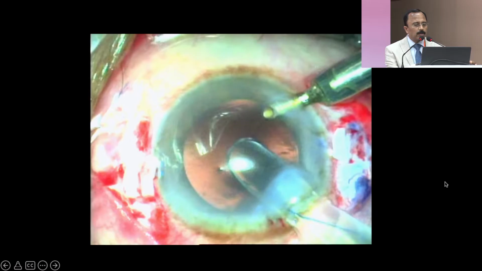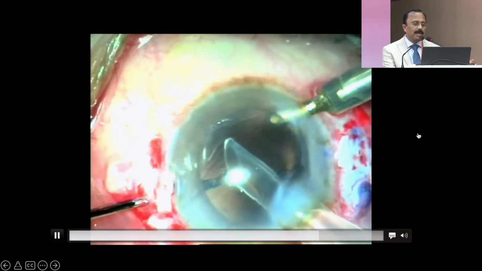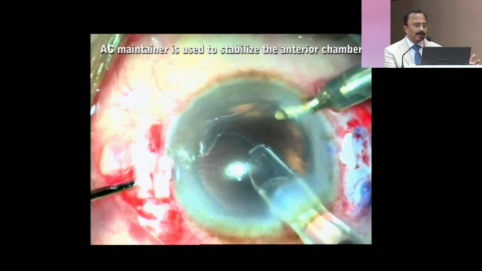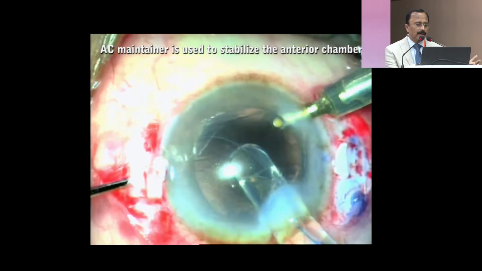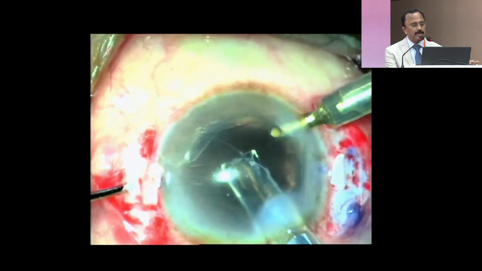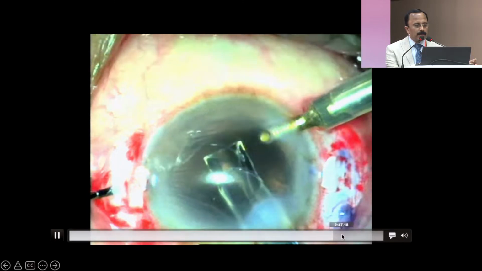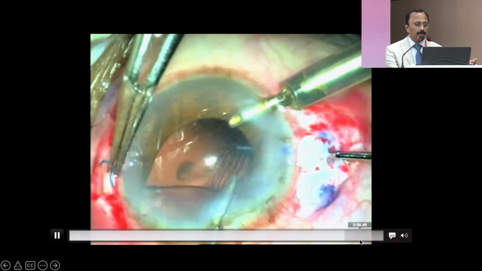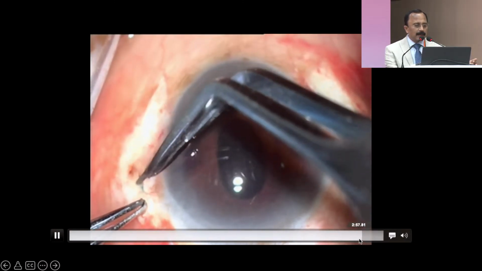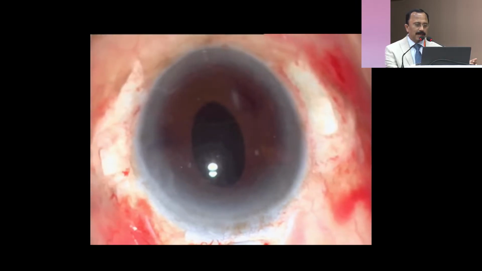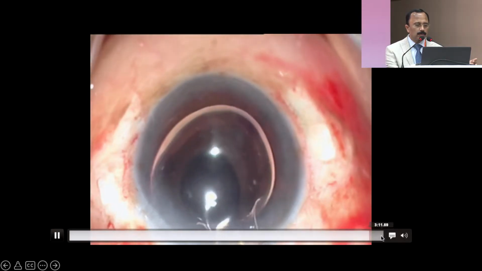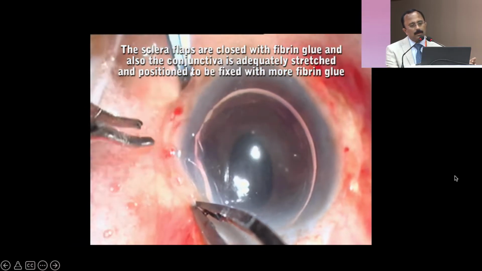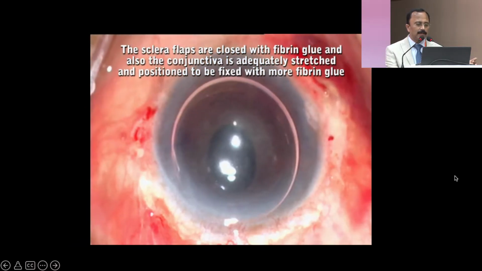We can also do it by putting an AC maintainer, which helps in stabilizing the AC while exteriorizing these haptics. Once we exteriorize them on both sides, we tuck them in the preformed scleral channels and then use glue to close the scleral flap and the conjunctiva.